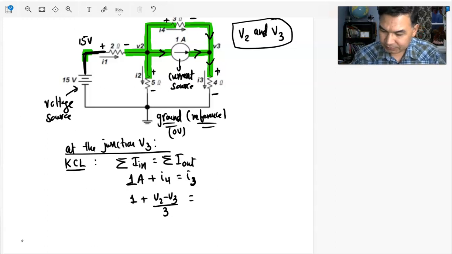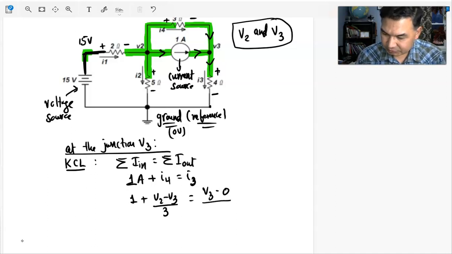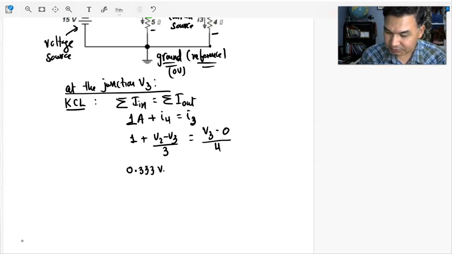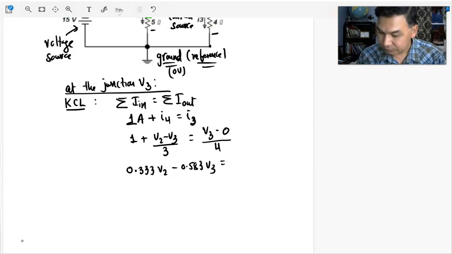What is I3? I3 is V3 minus 0 divided by its resistance 4 ohms, right? And if you play with this equation and simplify, you get one more equation. This is what I got in decimal places. 3 V3 is equal to negative 1, right? So this is your equation number 2.